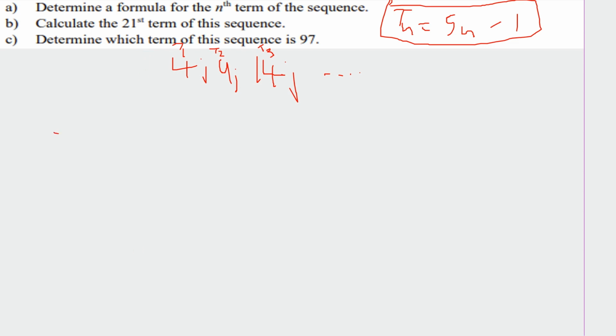We will say T21, because they have given us the position, which is n. Remember, n represents the position, and Tn represents the value. So they have given us a position which is 21.